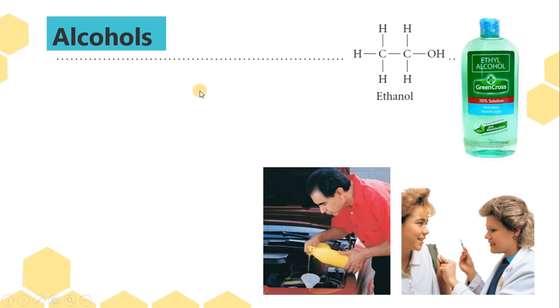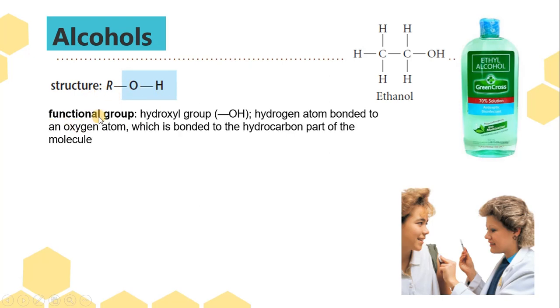In chemistry, we refer to them as alcohols when they have the structure R-OH. This OH is a functional group called the hydroxyl group, a hydrogen atom bonded to an oxygen atom, and this hydroxyl group is bonded to a hydrocarbon part of a molecule.